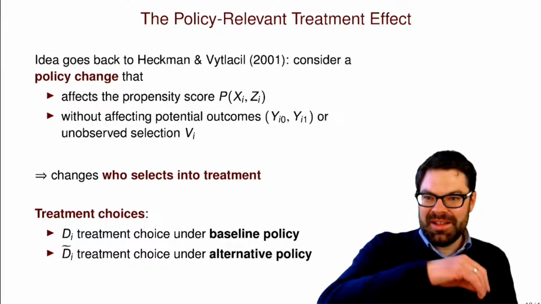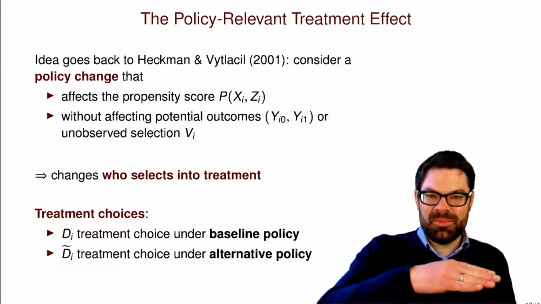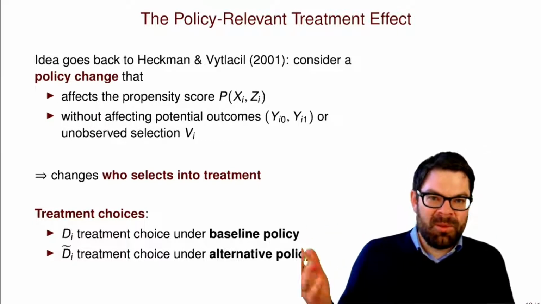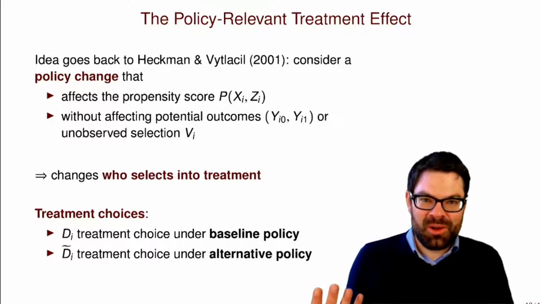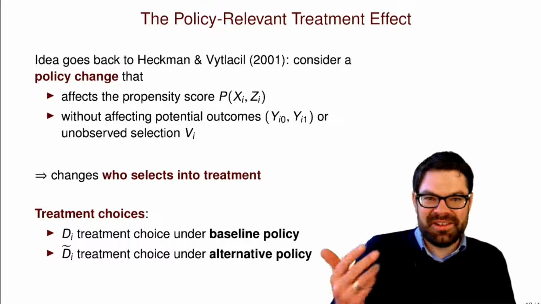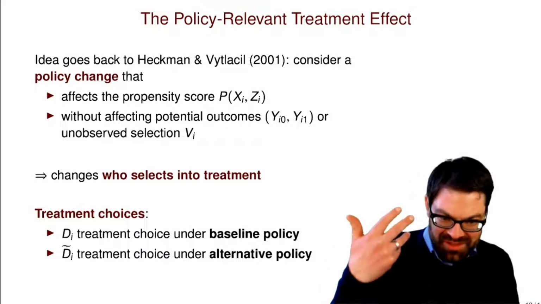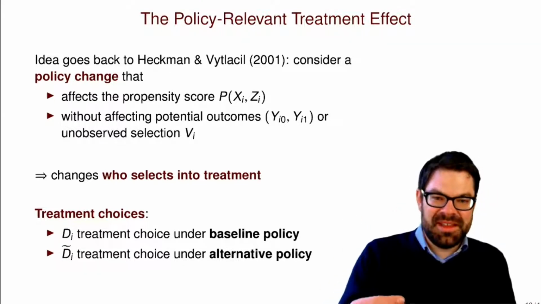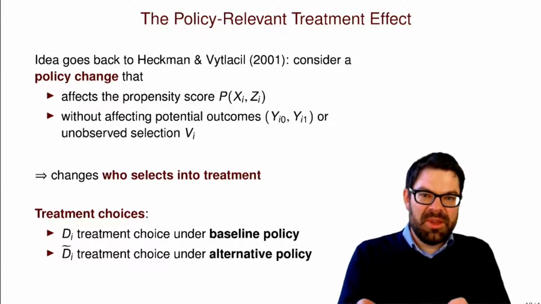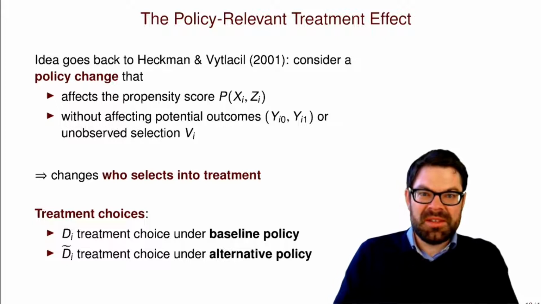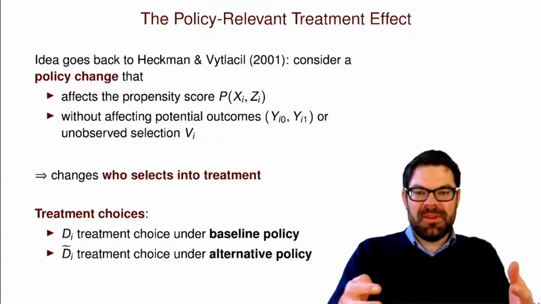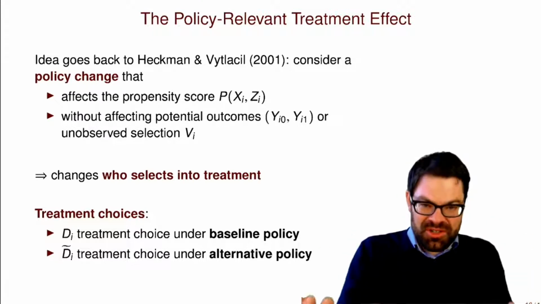So take your child care policy from whatever it costs now to free or to a lower cost or a higher cost, or give people otherwise a reward for sending their kid to childcare. And then let's think, who does this alternative policy relative to the baseline shift into choosing the treatment? And then what is the treatment effect for that group that is shifted into the treatment?